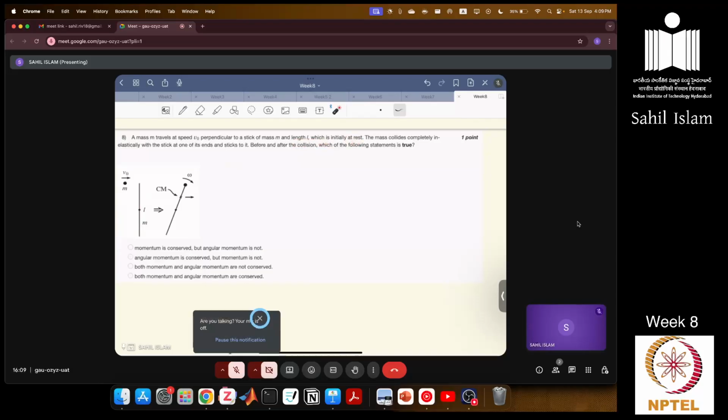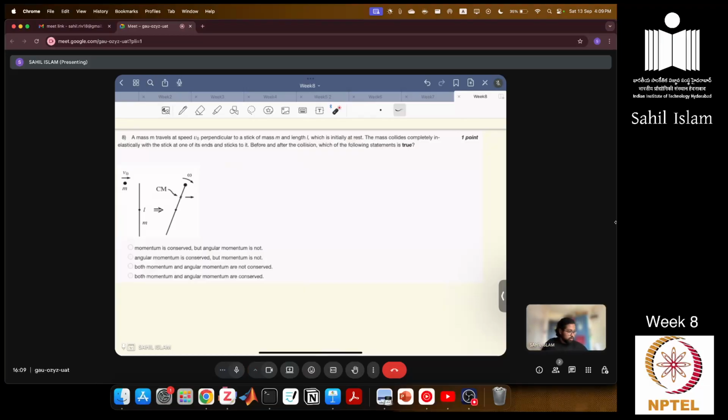The mass collides completely inelastically and sticks to one end. It just sticks like this to it after the collision, and it just rotates like this.